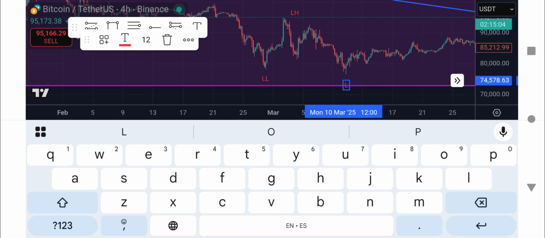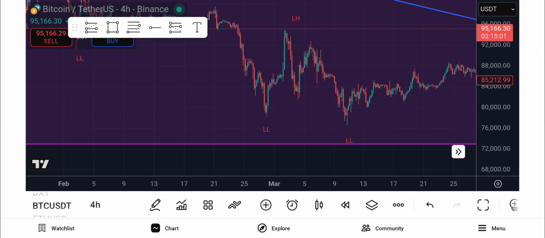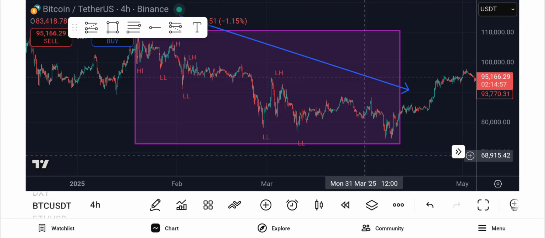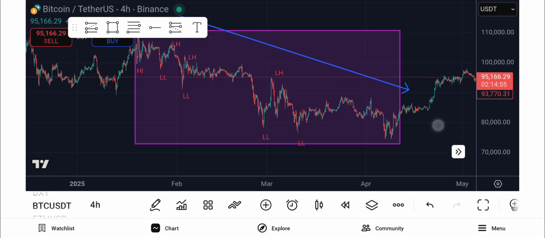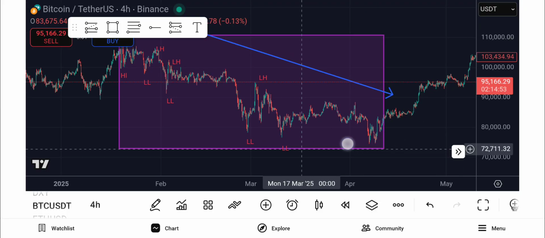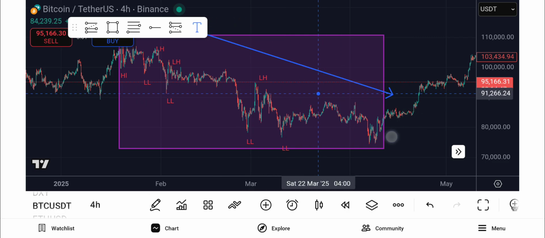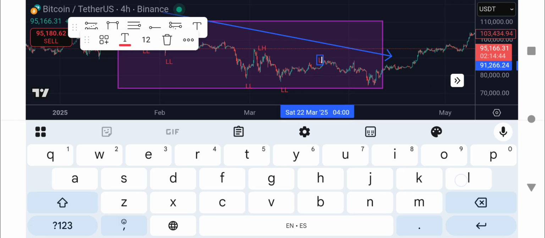Lower low, right? Okay. Then what did the lower low do? It formed a lower high here. This one's the highest point, so it is a lower high.